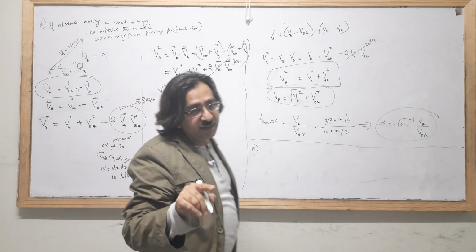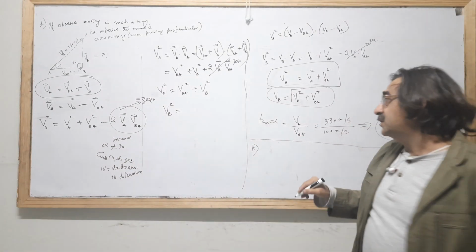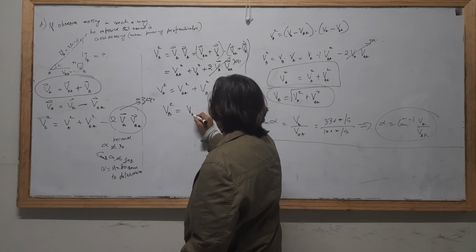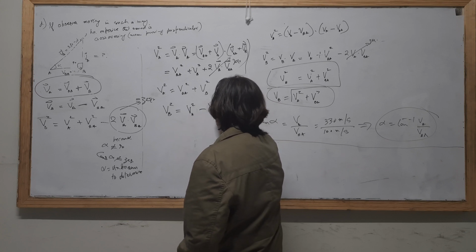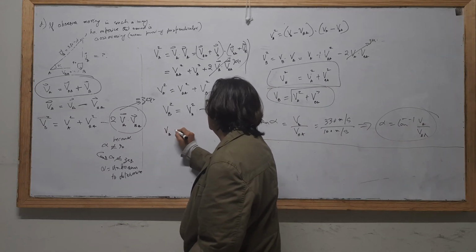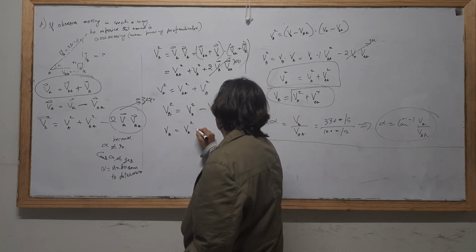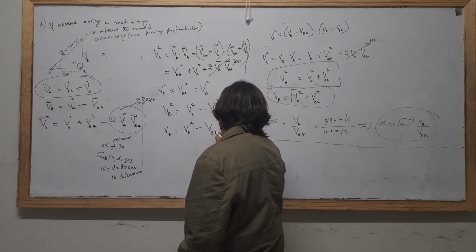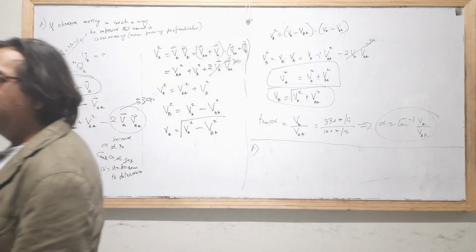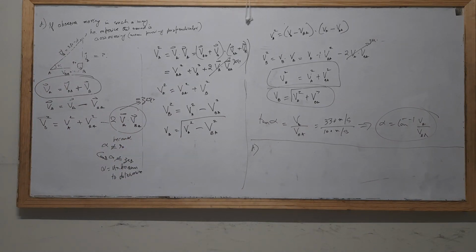We are interested to find VB square because that will be equal to VA square minus VBA square. And what is VB? That will be the square root of VA square minus VBA square. Okay, got it?